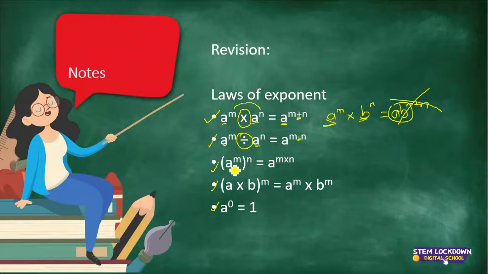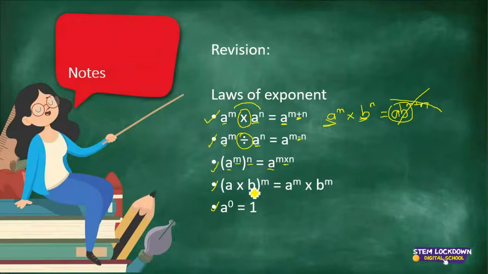And then let's say I have a to the power m, all raised to the power n. If the bases are the same, you actually multiply the powers, the power inside the bracket and the power outside the bracket. So you don't add, you multiply in this case.